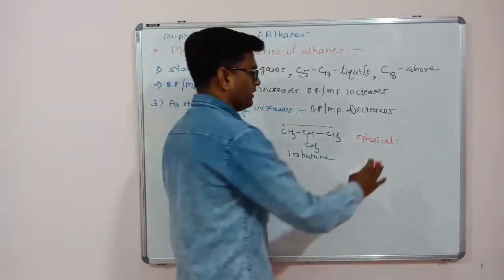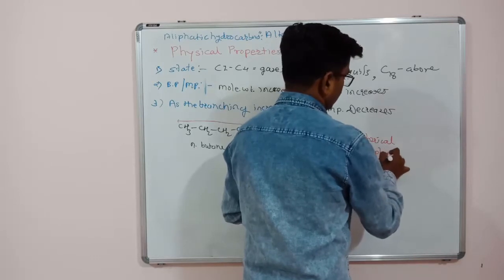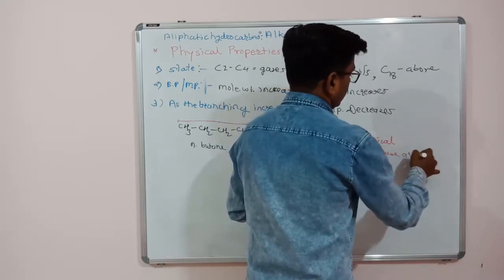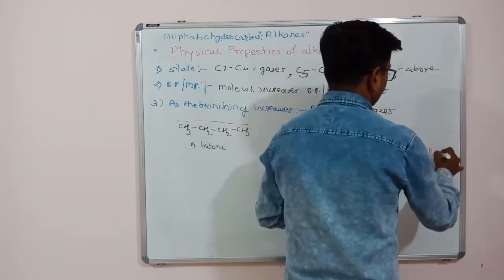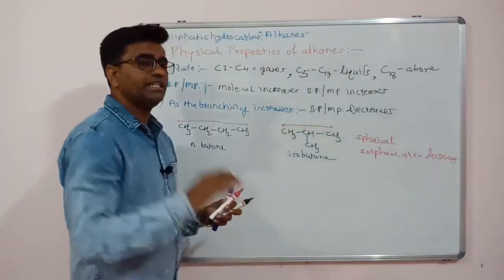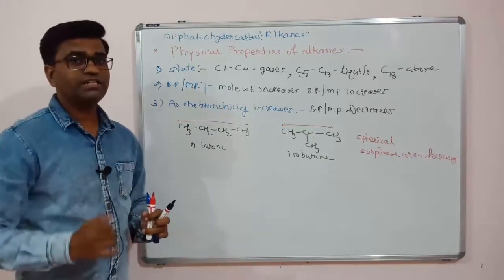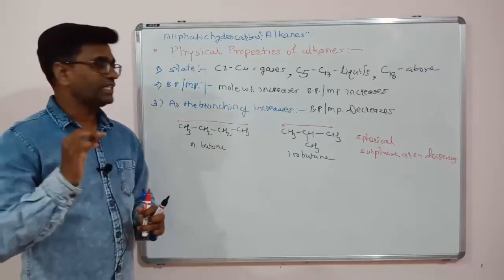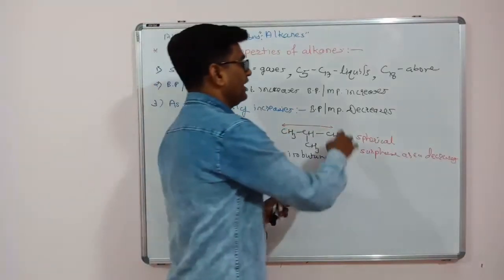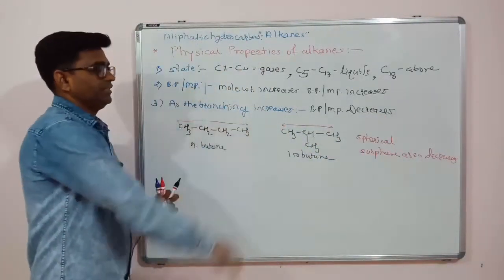As the molecule becomes spherical, its surface area decreases. As the surface area decreases, the van der Waals forces of attraction decrease. That's why boiling point and melting point decrease with branching.